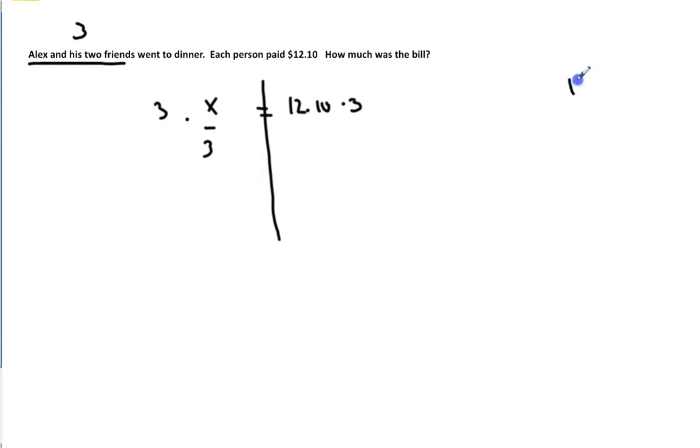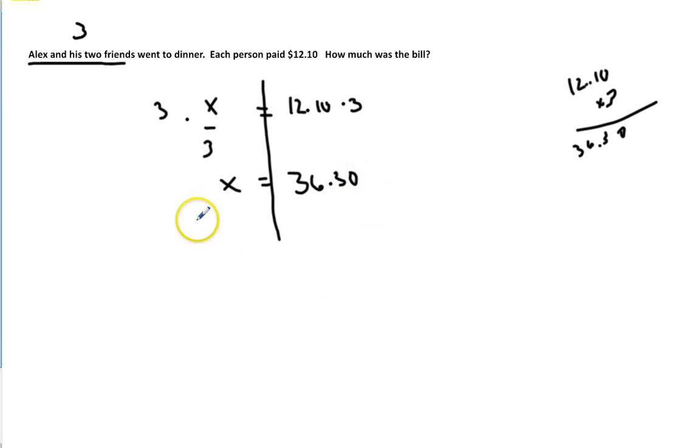So then off to the side, I'm going to do $12.10. That's a dot there. And times 3. And I multiply like normal. So that's 0, that's 3, that's 6, that's 3. So that's a 0 on the end. And I have 2 decimal places in my problem, which means I need 2 decimal places in my answer. So x equals $36.30, which makes sense that the total bill would be that.